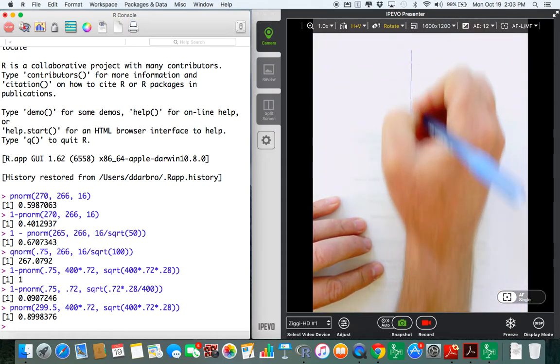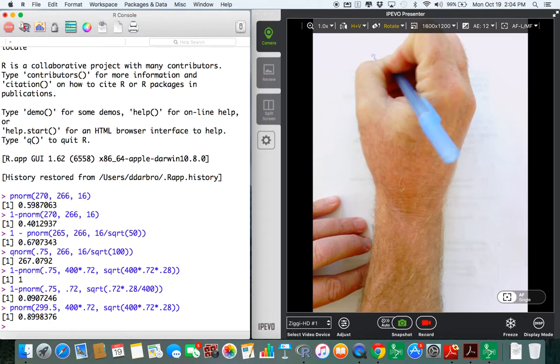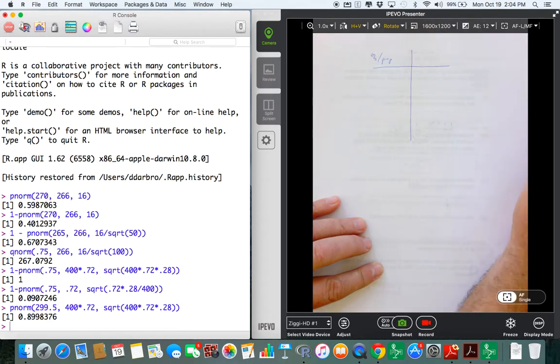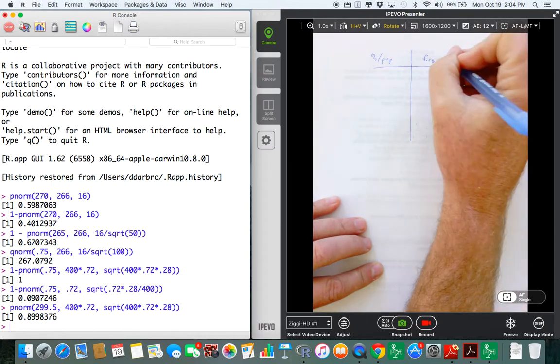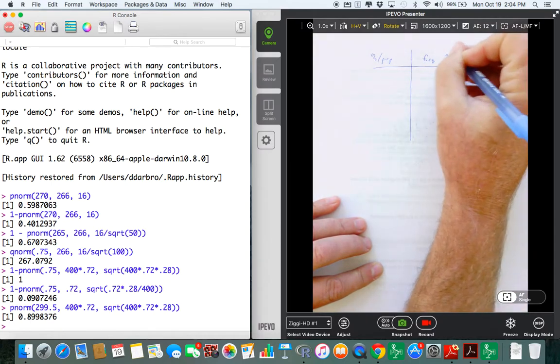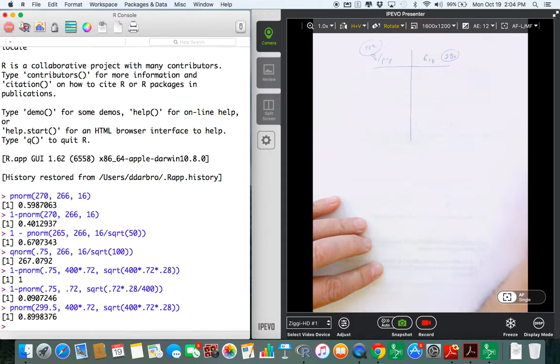But at the end of the day, when we're talking about a percentage or a proportion that we're examining versus a frequency, this would be 280 women. This would say that 72% of women.